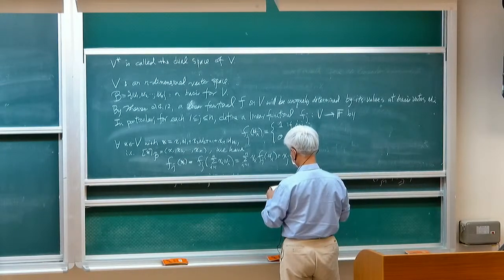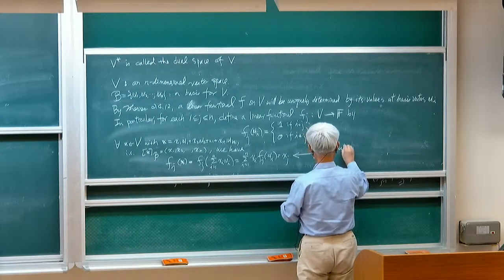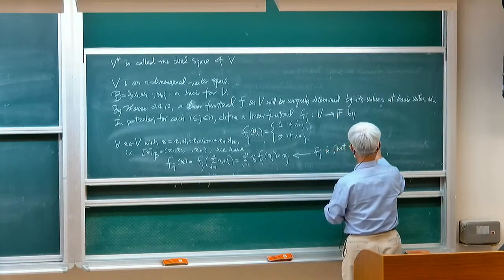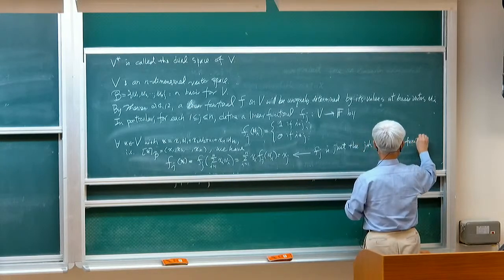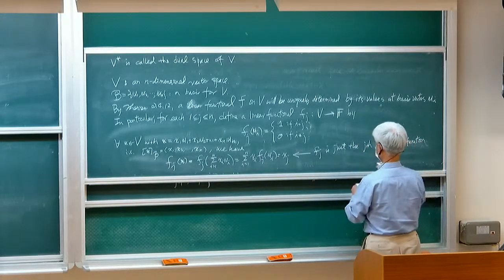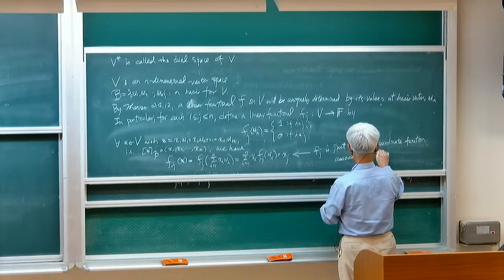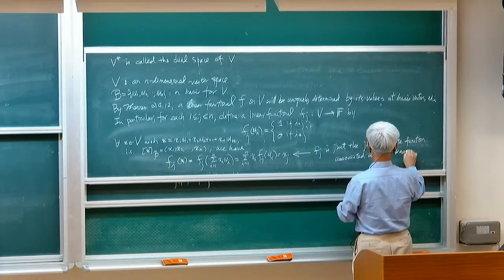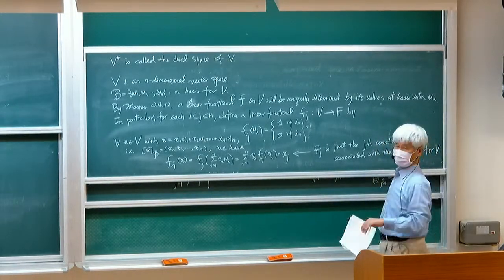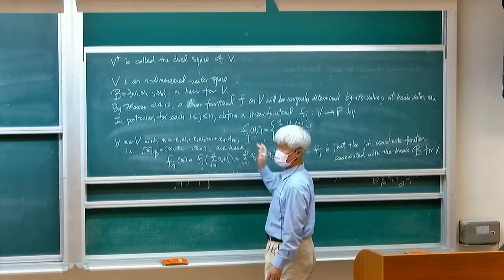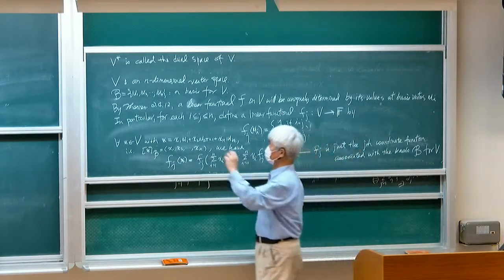Okay, so this shows that fj is just the j's coordinate function associated with the basis B for V. Okay, so you see that when we define fj here, this fj is relative to a selected basis.